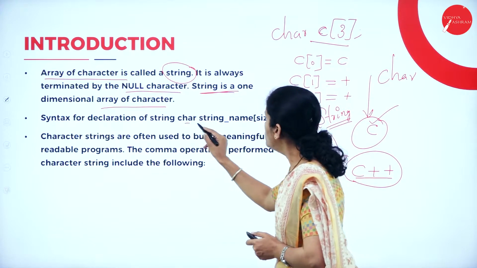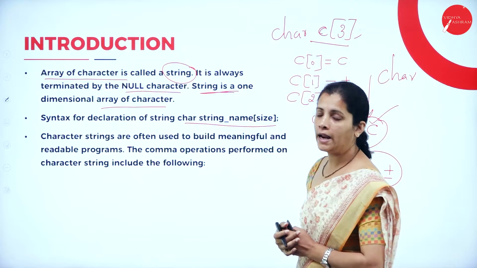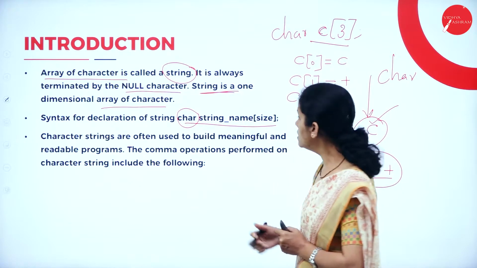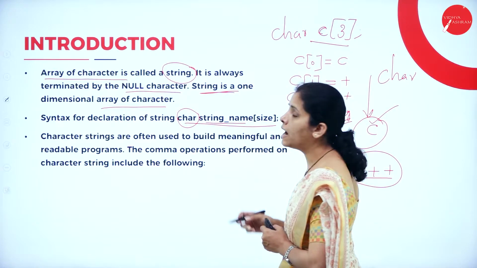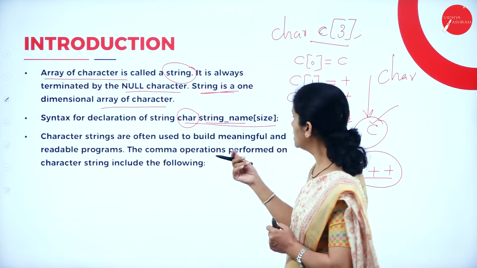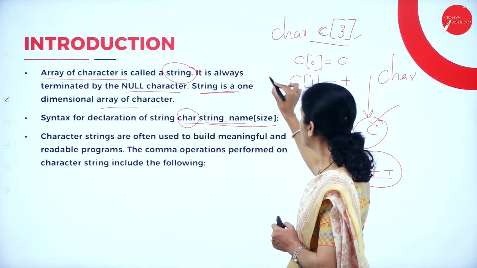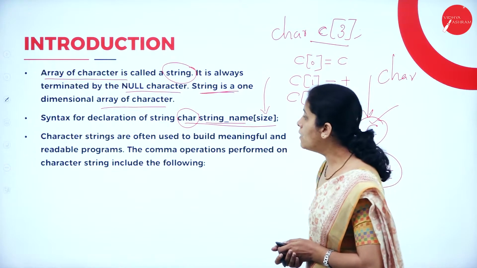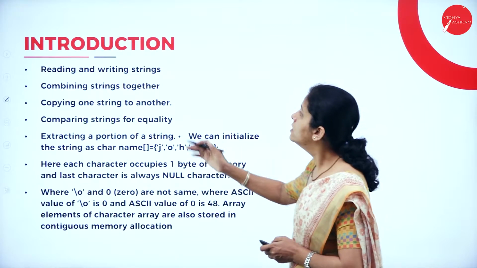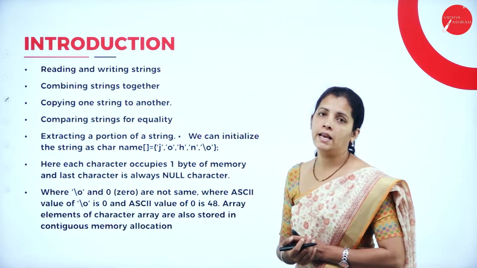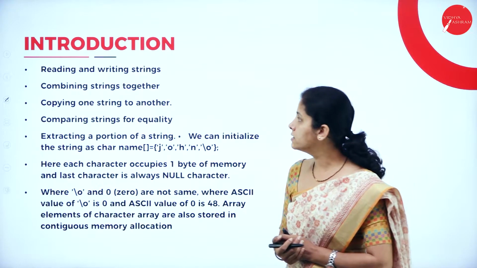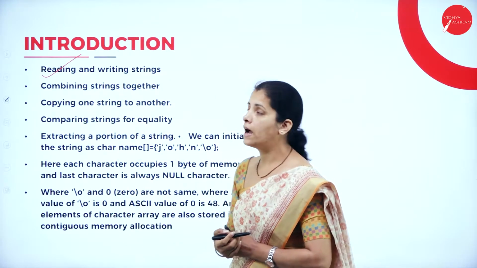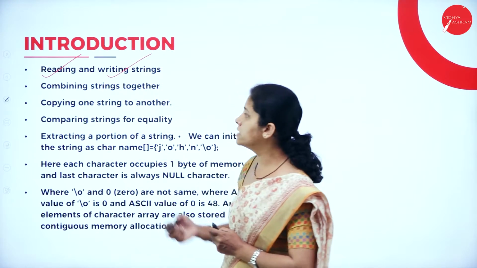Now, how to declare an array of characters here? That is, my data type is char and I want to specify the array name, that is nothing but the string name. Along with that, I want to specify the size. Now, dear students, what are the operations I can perform on a string? I can read a string and I can write a string.